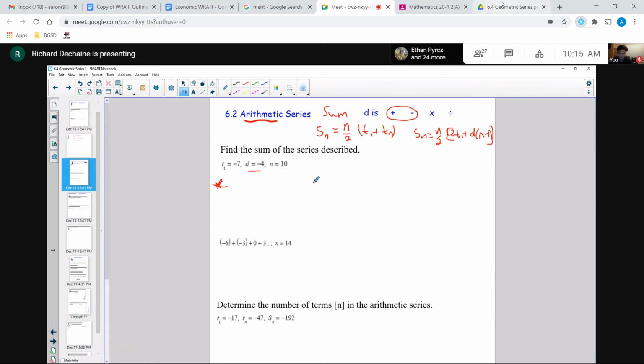So we want to find S of 10 because it told us there's 10 terms. I'm going to go 10 divided by 2. Just because I'm using my mouse, I'm not writing as much today. I should be writing the formula, but the mouse is a little painful. 2 times -7 plus a -4. So I'm just going to right away go subtract 4. n minus 1 is 10 minus 1. That's a 9.